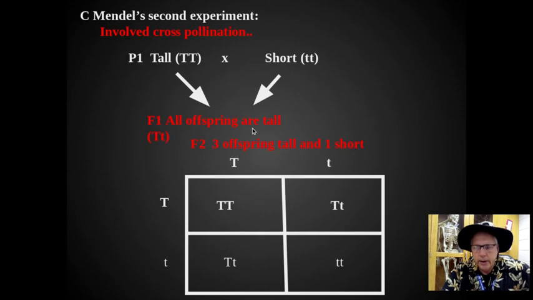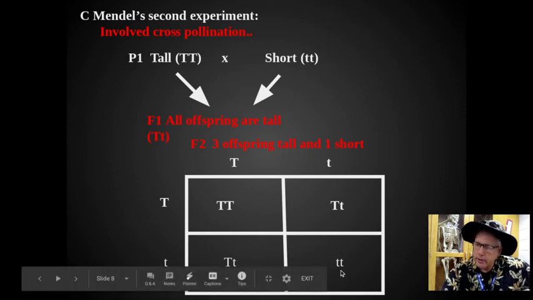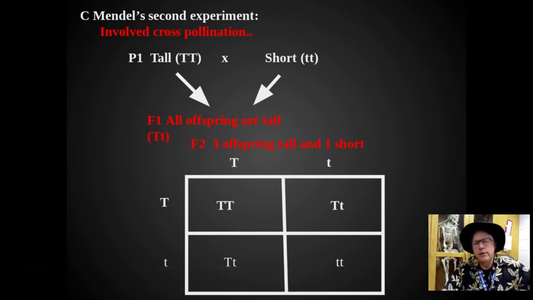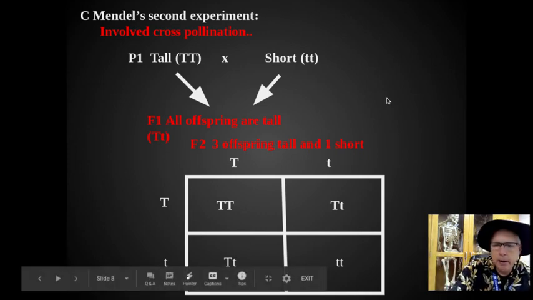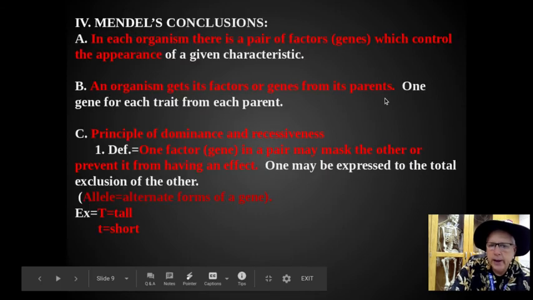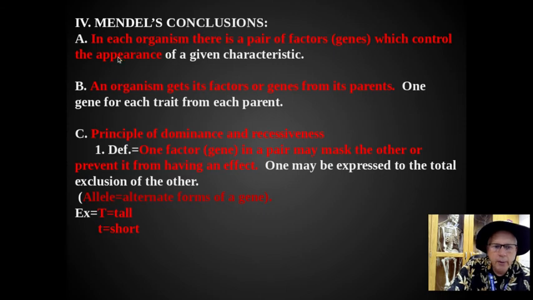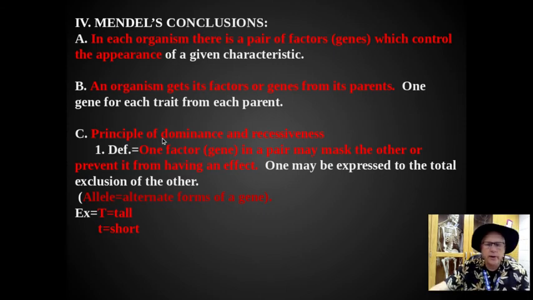Now these are the grandparents. The short reappeared. So he figured out it really never disappeared. Something's going on where one gene is blocking another gene from having an expression. And he came up with a theory, as we all know today, of dominant and recessiveness, right? So he came up with 3 conclusions from that very simple experiment.